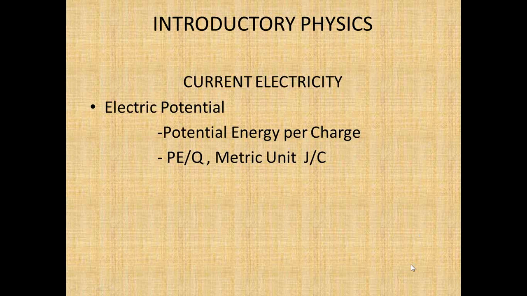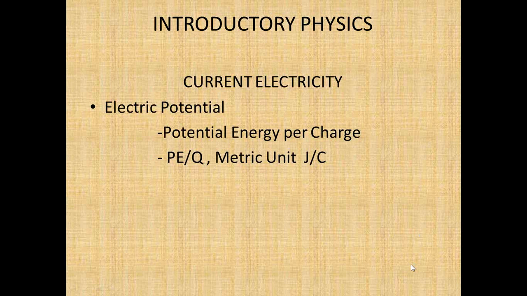It is similar to when you have something that has a potential energy. When something has potential energy, that means it has the potential to convert whatever energy it has into some other form of energy.